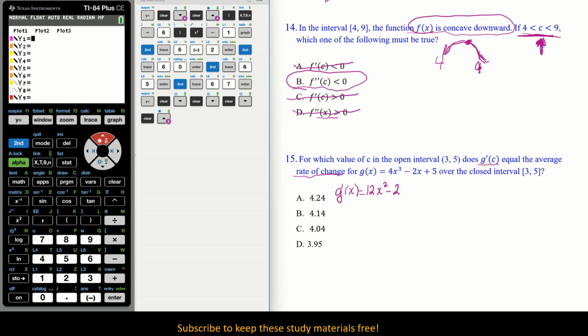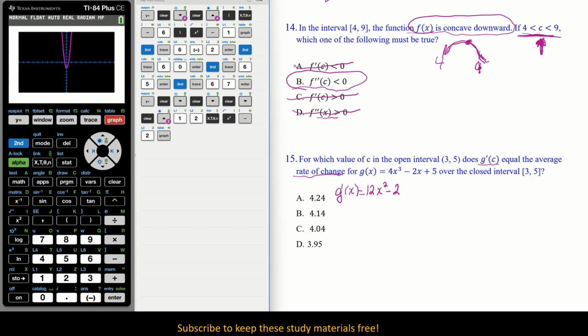We just put him in, but we don't need the original in. Let's do the 12x squared, minus 2. Let's graph him. That looks good.